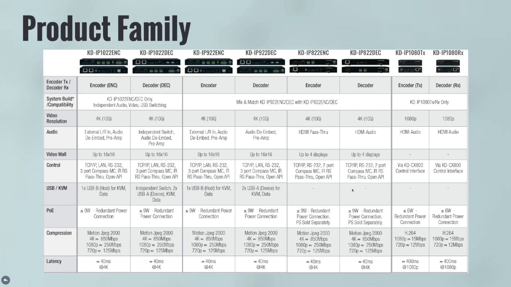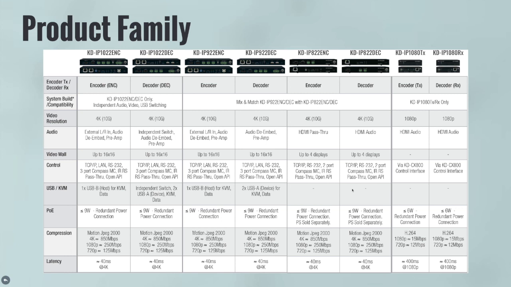So you could see the video resolution, you could see the system build capabilities, you could see the audio handling. The IP 1022 system is a completely independent audio video USB switching system. The IP 922 allows you to flexibly optimize the system by using a mix and match of 822s and 922s, optimizing the value of the system and the feature set where needed. We'll go into all those details.